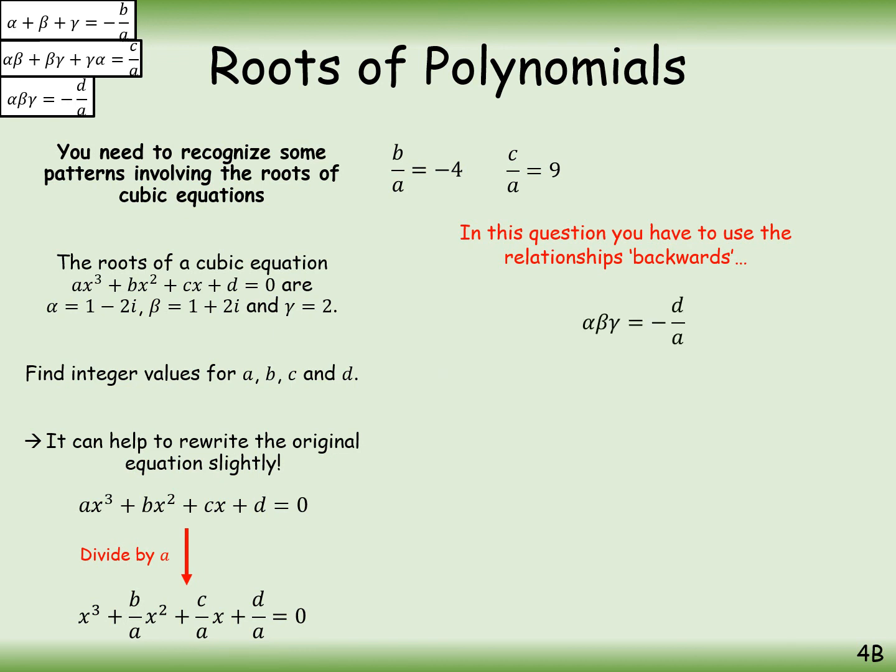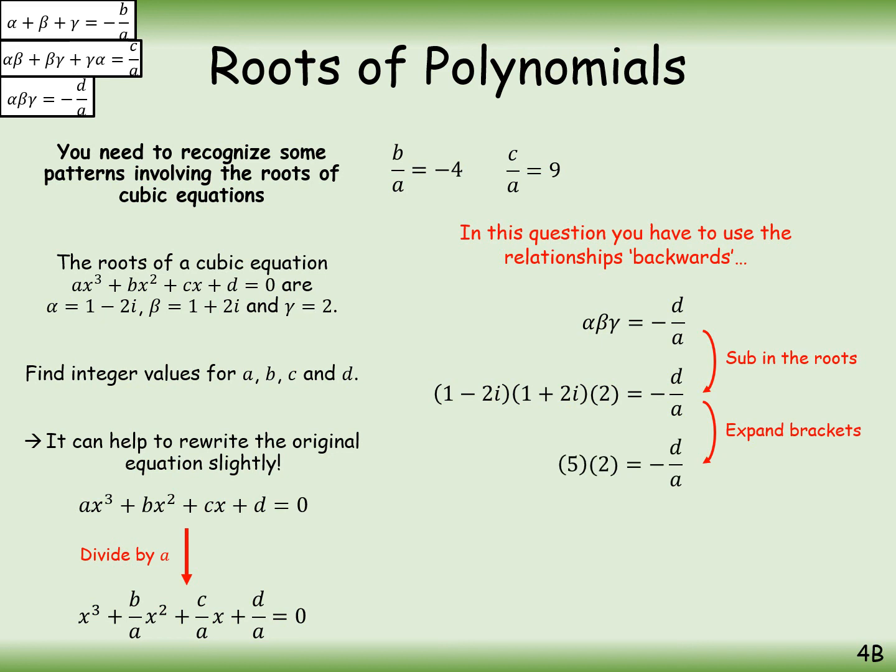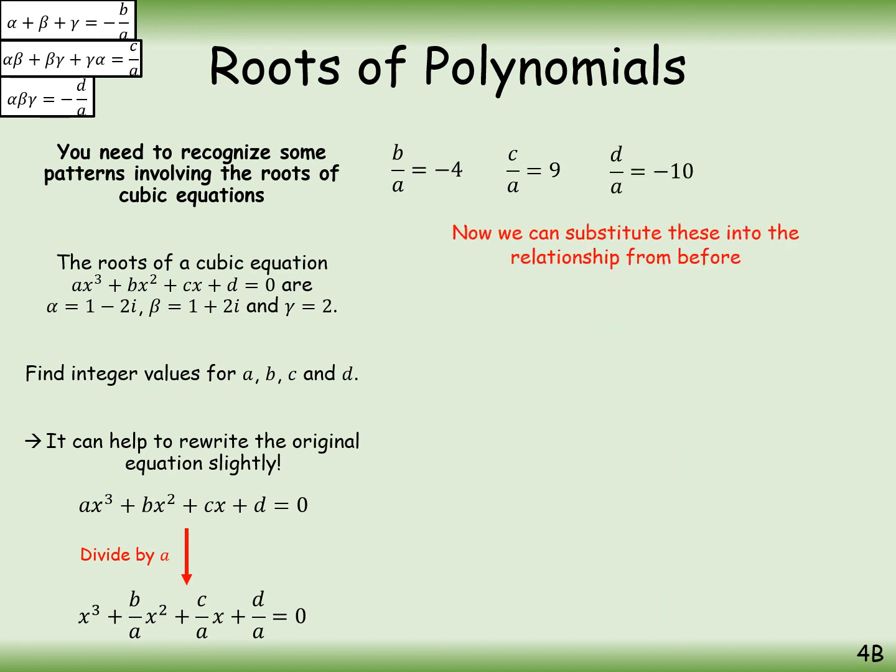Okay, so now the triple of the product is minus d over a. So if we replace this and expand, okay, so if we expand and simplify, we get d over a equal to minus 10. So now we've got all three.